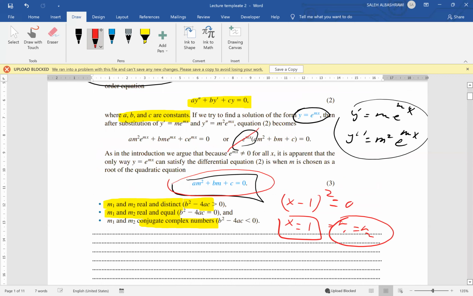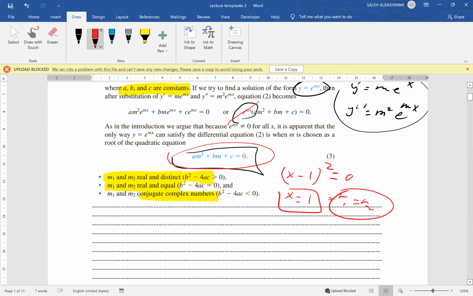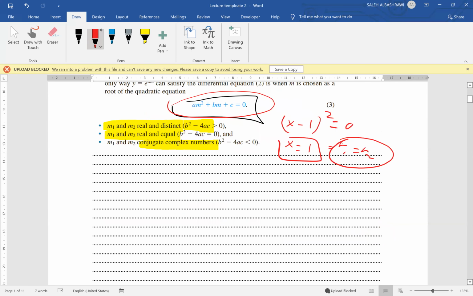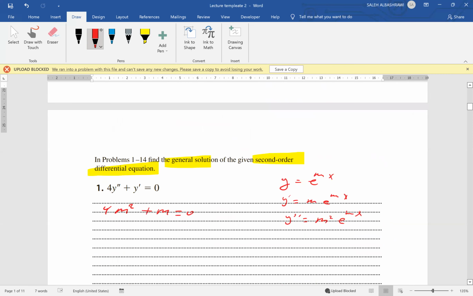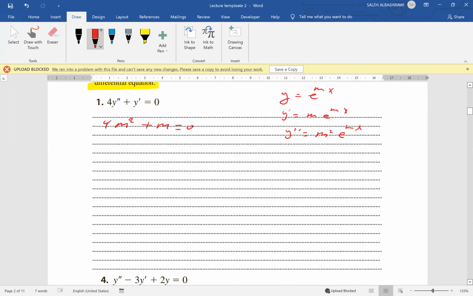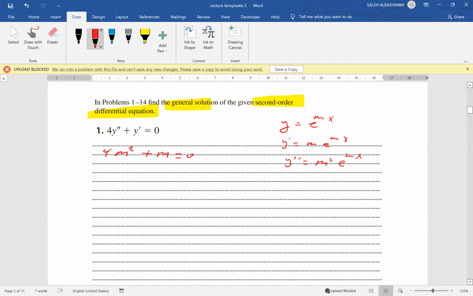If we remove this e to the power mx, the remaining will be the auxiliary equation, or in some textbooks they say it is the characteristic equation. Now I have 4m squared plus m equal to 0, and we need to solve this equation.